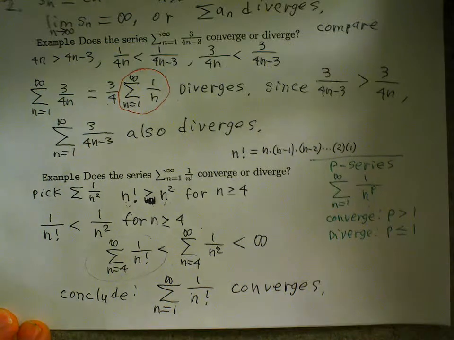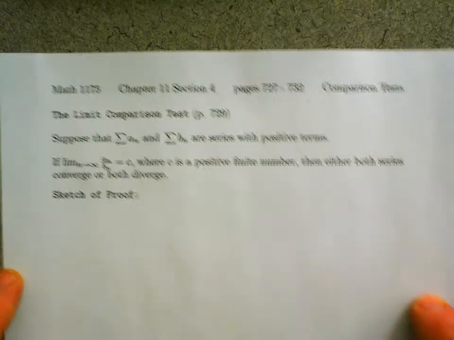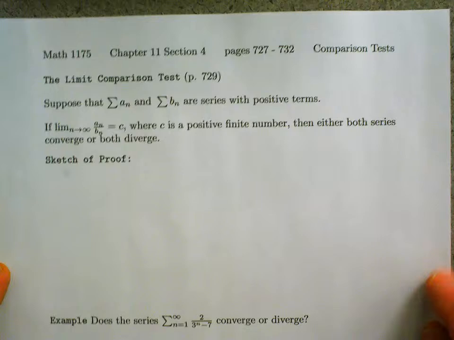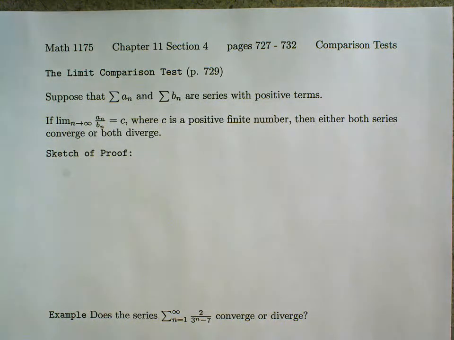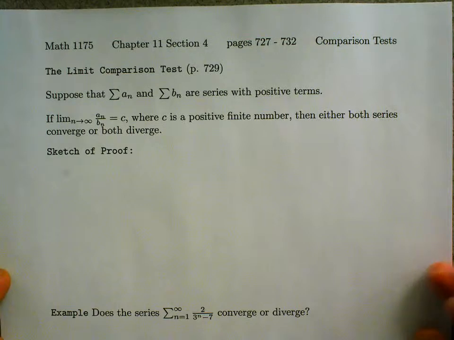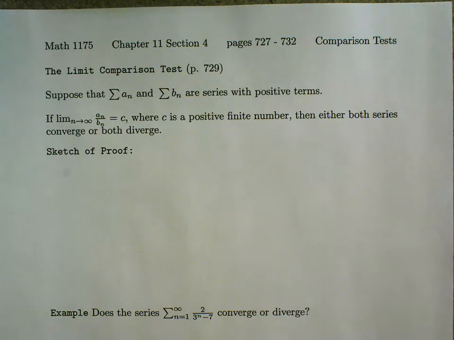Okay, let's move on to the next page. And here's another comparison test called the limit comparison test. Suppose that the series of a sub n terms and the series of b sub n terms have positive terms.